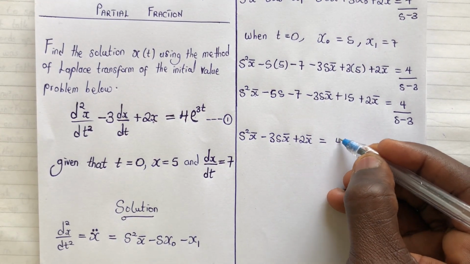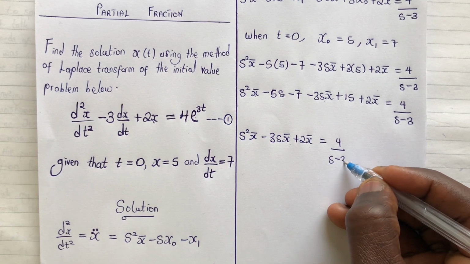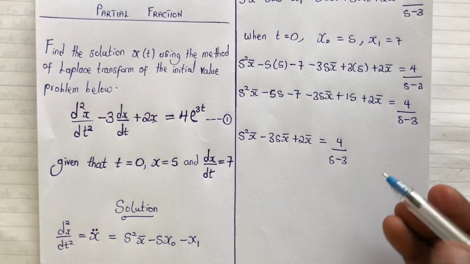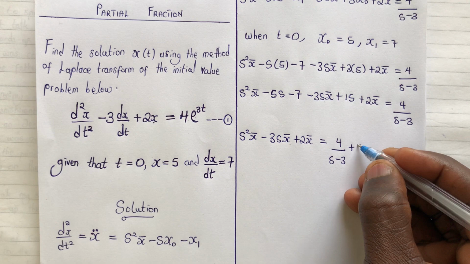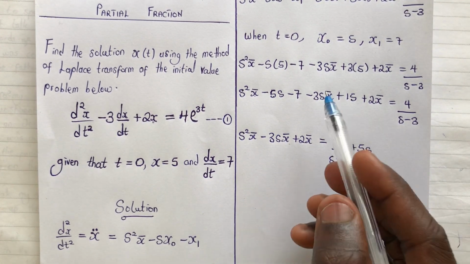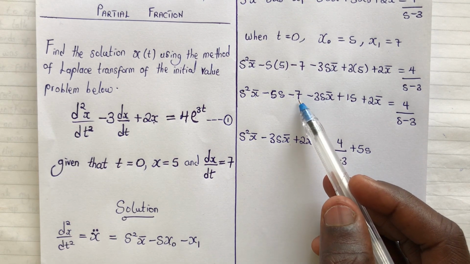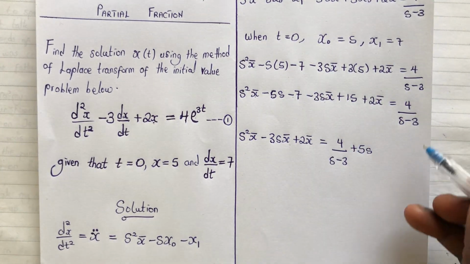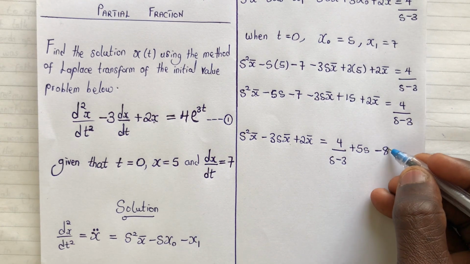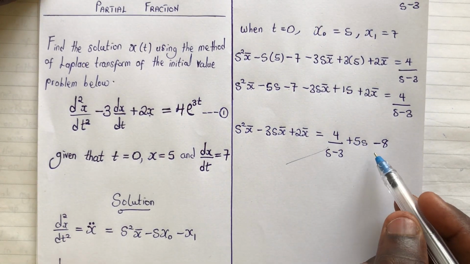This is equal to 4 over s minus 3. Then I can carry this one to that side, plus 5s. So when we add 15 plus 7, the result is what? 8. When I use it to cross the equal sign to this side, I have negative 8. Okay, so this is what we have.